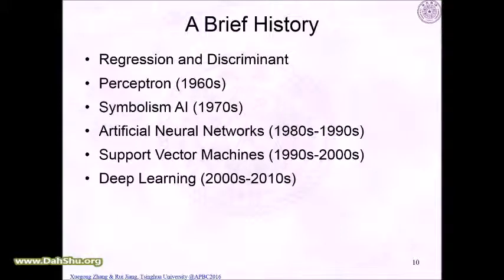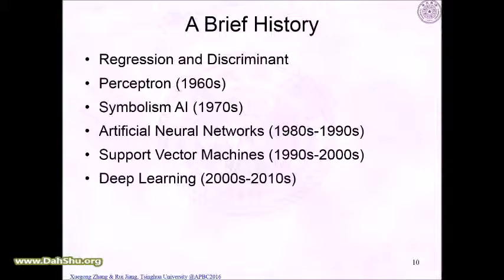That survived for some 10 or 20 years. In the mid-1980s, they introduced the sigmoid function to the perceptron and built the multilayer perceptron, and it became really hot in the 1980s and the 90s.